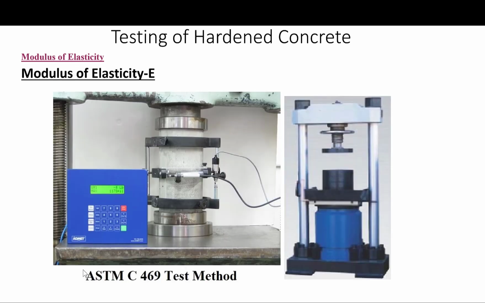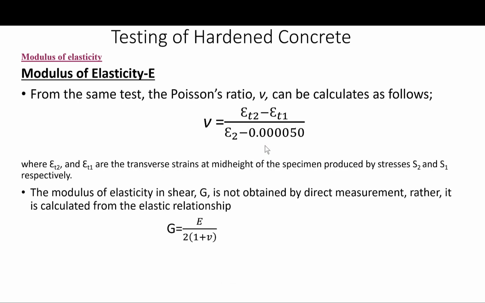And again, this is the setup. As you can see, the compressometers are attached to the side of the specimen right here, and they attach to monitor their values. From the same test, we can calculate the Poisson's ratio, or otherwise referred to by the symbol nu, from this formula right here, which is epsilon sub T2 minus epsilon sub T1 over epsilon sub 2 minus 50 times 10 to the minus 6.